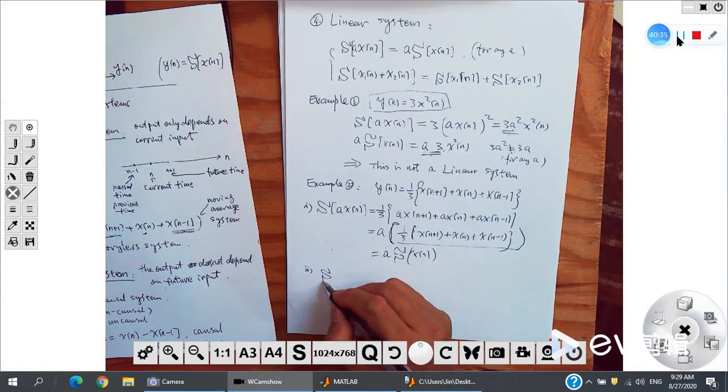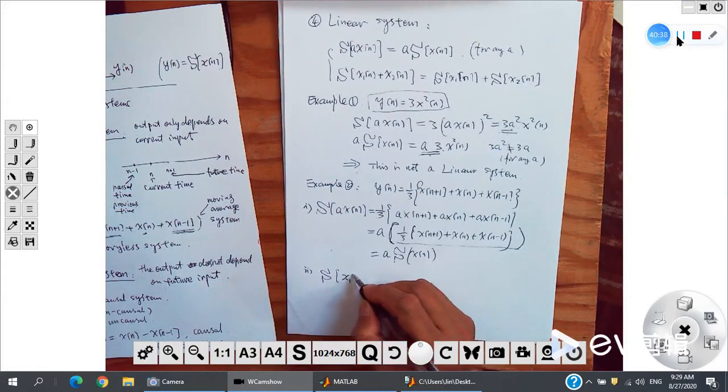Second condition, S of, now we consider, suppose you have two signals as input.